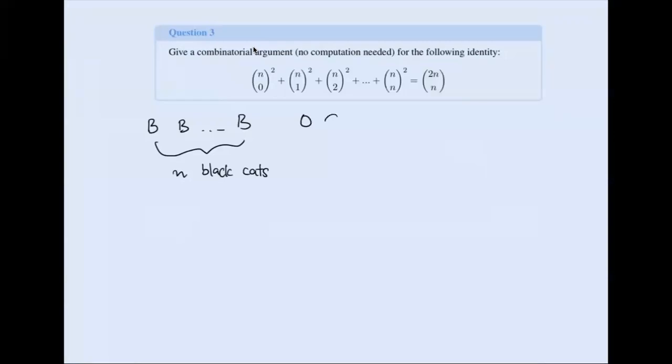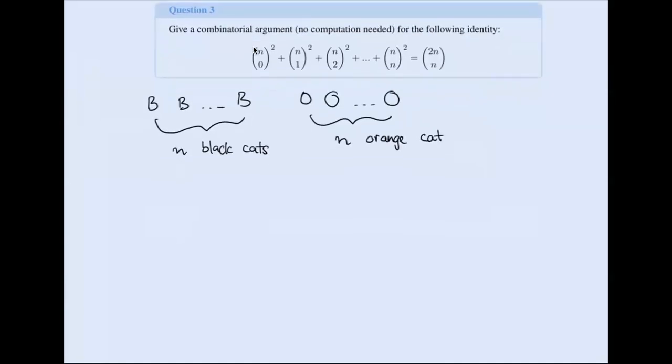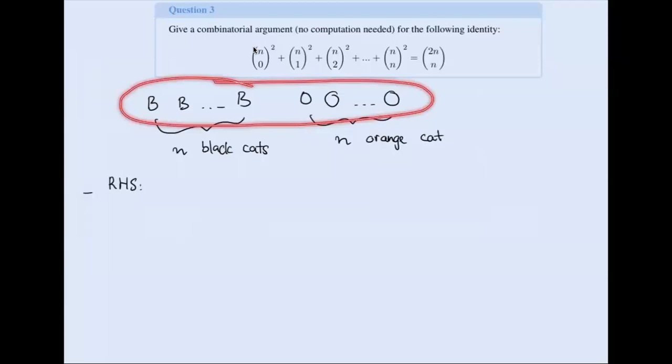And then I have another n orange cats. The right-hand side is counting how many ways there are I can choose n cats out of all these black and orange cats.